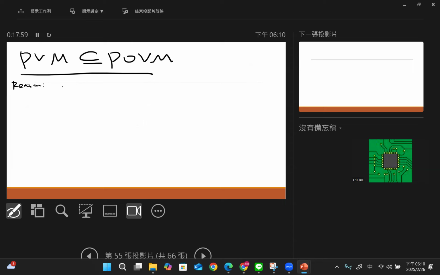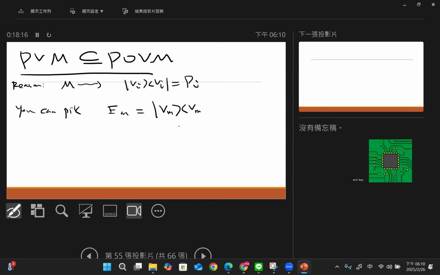In level 2, I give you the measurement, and the v_i are the projectors P_i. Then you can just pick E_m to be v_m v_m. Obviously, the sum over these E_m, with m from 1 to N, gives the same thing.